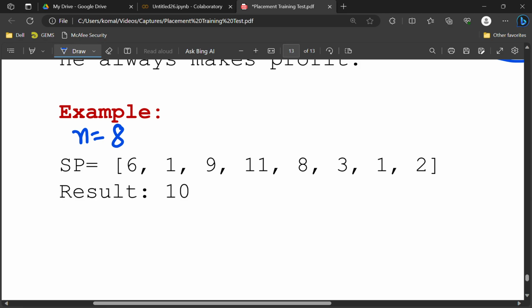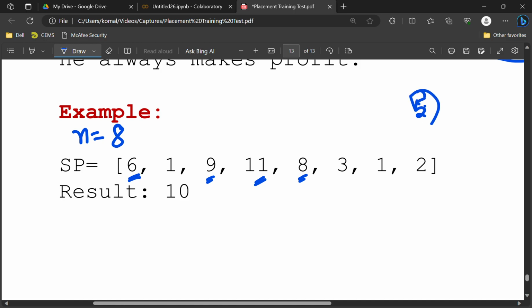Suppose Amit Shah buys stock on day 1 at 6, where can he sell it for profit? He can sell it for profit on the third day, or the fourth day, or the fifth day. What is the maximum profit he can get if he buys on day 1 and sells on the fourth day? He can get 5.